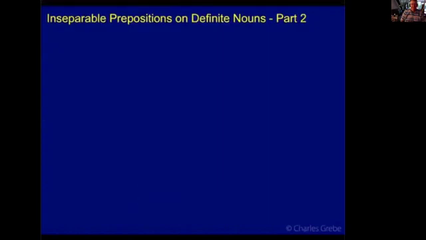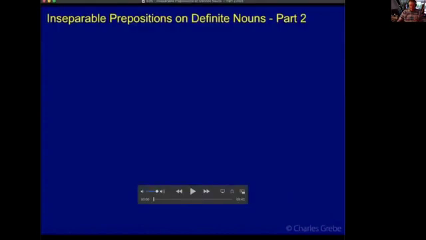You know, the inseparable prepositions are le, be, and ke, and these are in Dutch a voorzetsel, and they are always connected to the noun. So an inseparable preposition in Hebrew means that you never see le, be, and ke standing alone.